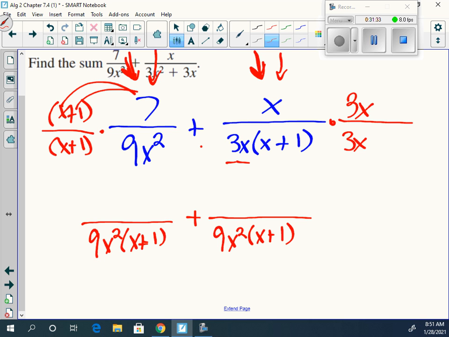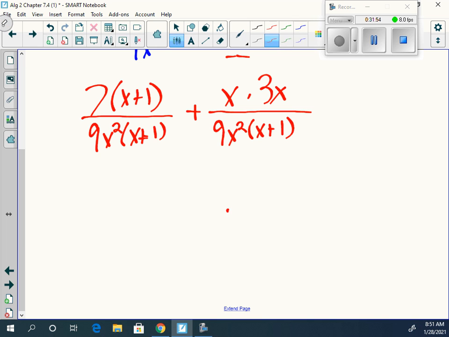So guess what we're going to have to do on top? We're going to have to multiply these out. So I'll write it out at first, 7 times x plus 1. And over here, we're going to have x times 3x. We have to multiply through for the numerators. Now, I probably didn't have to write x times 3x.